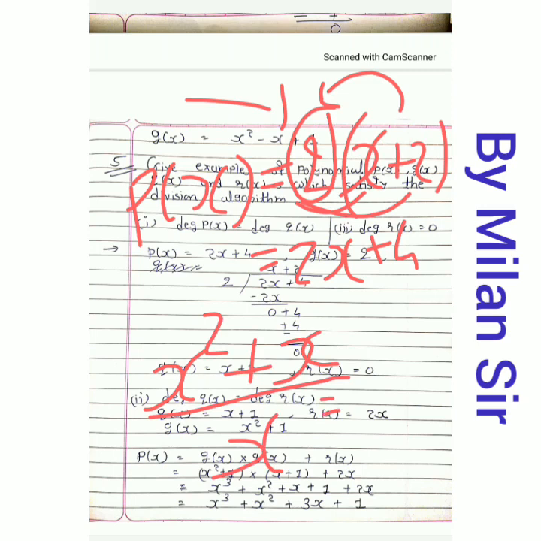So your final answer is x plus 1. So if you take one x here, then definitely the maximum exponent is reduced by the exponent of g of x, so that the degree of p of x and degree of q of x will not be the same number. Okay, so we need to take a constant number as g of x.